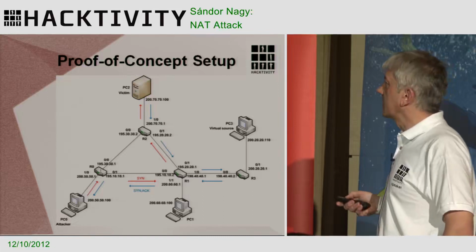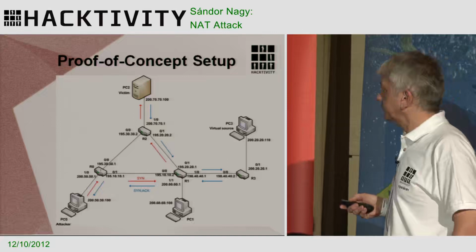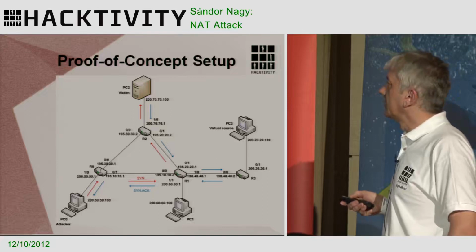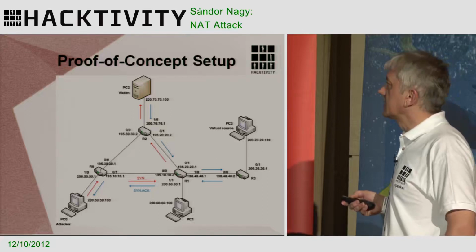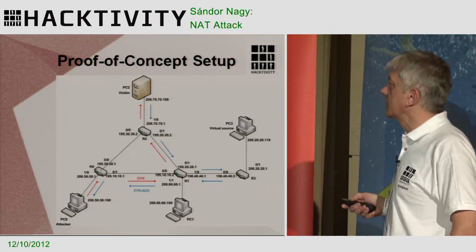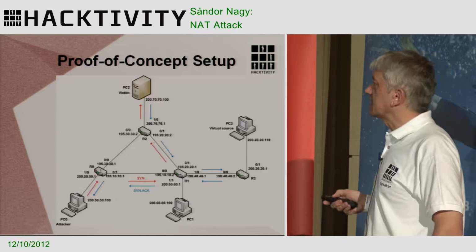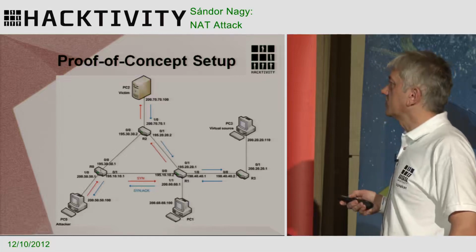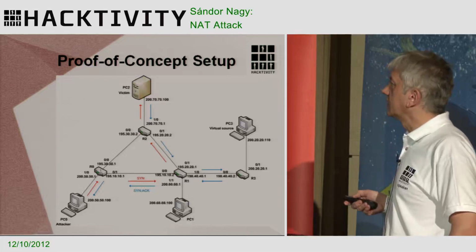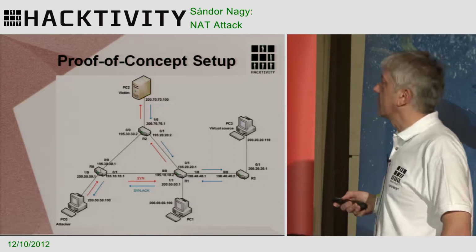Fortunately, there is another router, and its job is to send the packets in the right direction. So in this case the packet is sent out in the wrong direction, but this is another router, and the packet is sent back in the right direction.